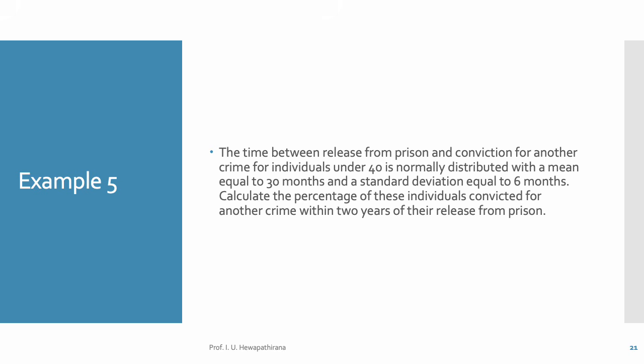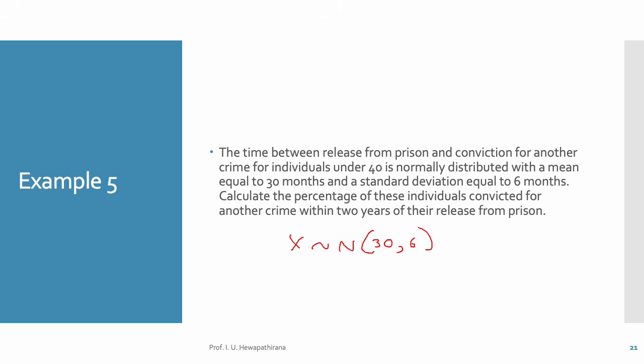So, by reading the question, we can understand that the time between release from prison and being convicted for another crime, let's say capital X, is distributed as normal with mean equal to 30 and standard deviation 6.